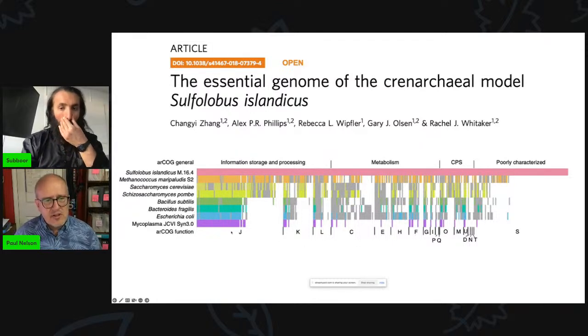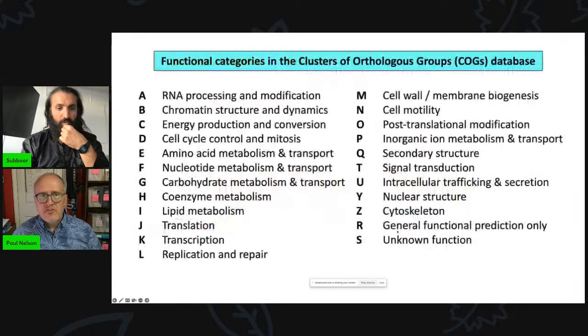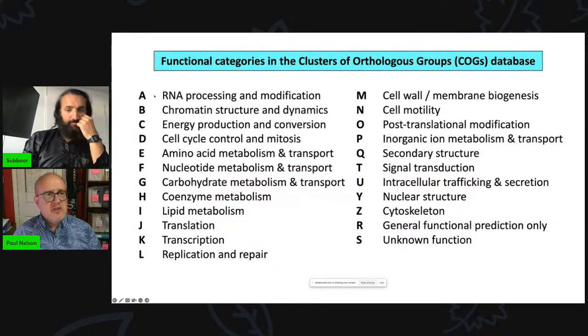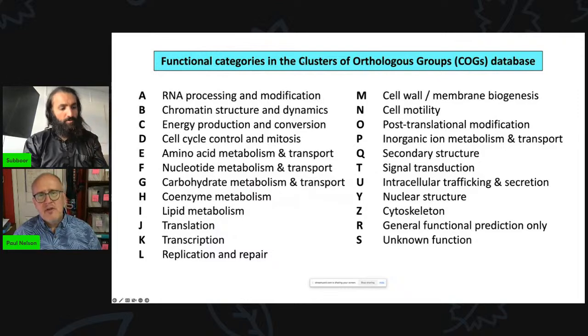Now, these single letter codes here correspond to particular classes of function. Let me just jump over here. These single letter codes are found in the clusters of orthologous groups database, the COGs database. So you can see here we have translation.